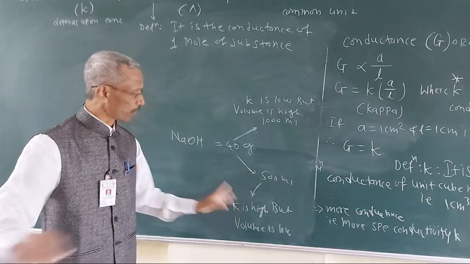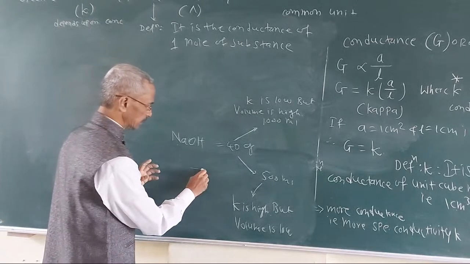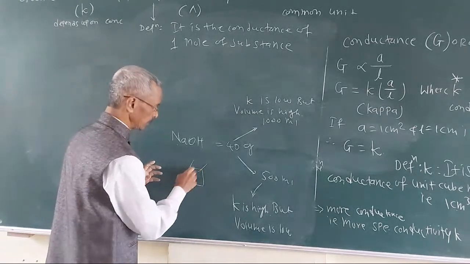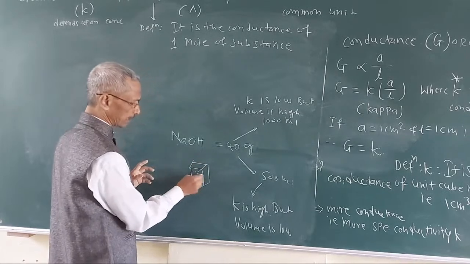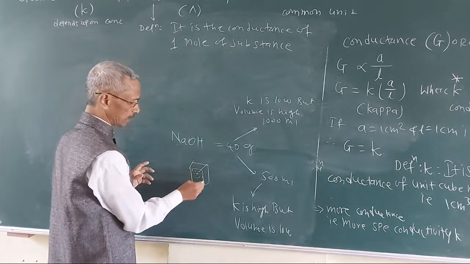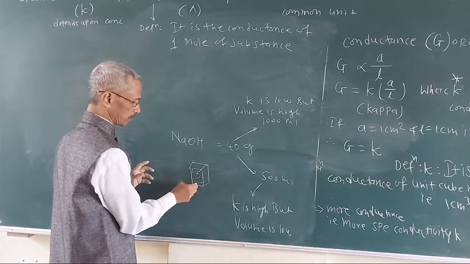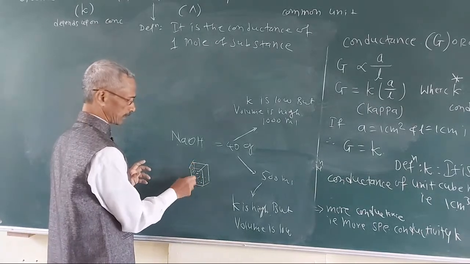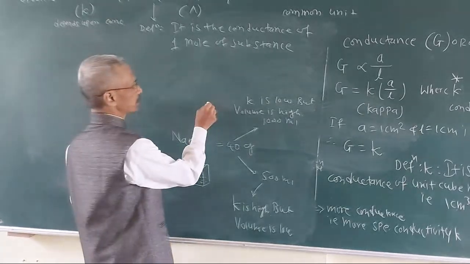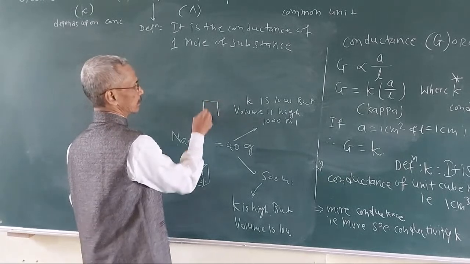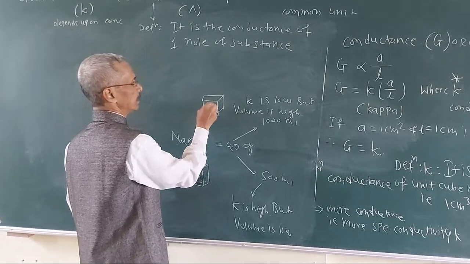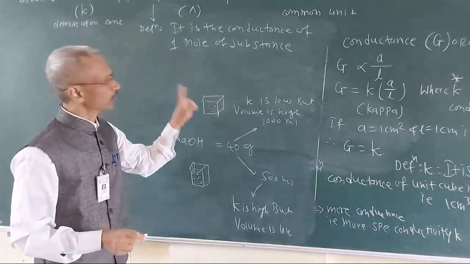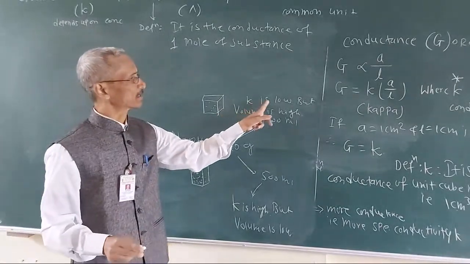That means the number of ions in this unit tube is high. There are more and more ions here. And if you consider that same conductivity cell with the other solution, there are only fewer ions, so the specific conductivity is low.